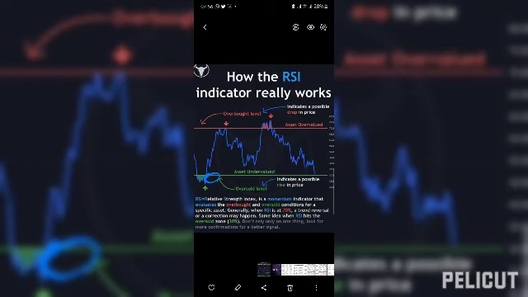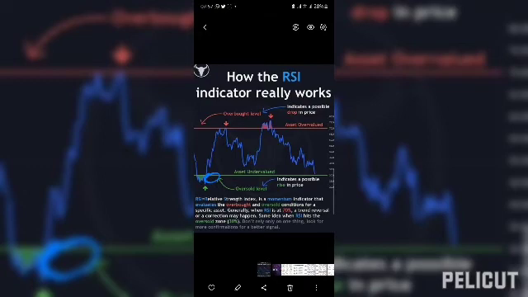So that's why I keep saying RSI or one indicator is not enough to make your judgments during technical analysis. I hope you've understood what the RSI does. It's just to show you when an asset is overbought or oversold.